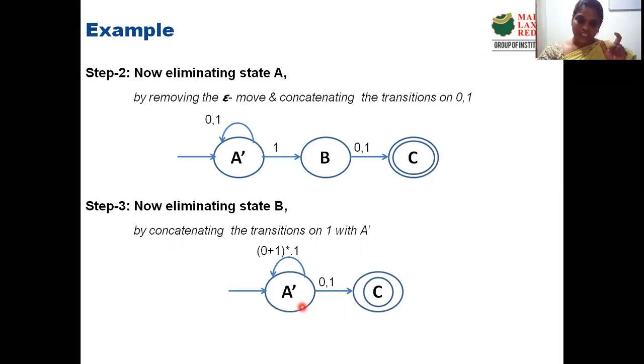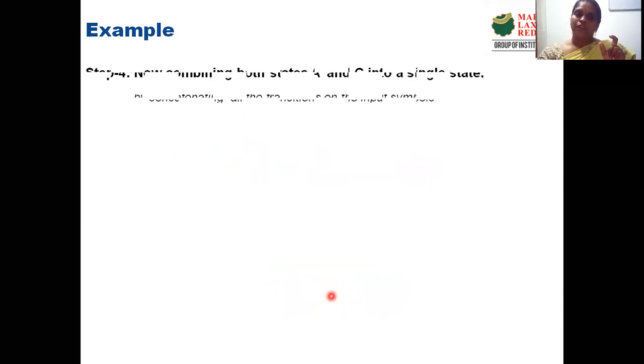That means these two states can be merged as a single state, where the 0 comma 1 can also be concatenated with this expression, that is 0 plus 1, as we have given here.